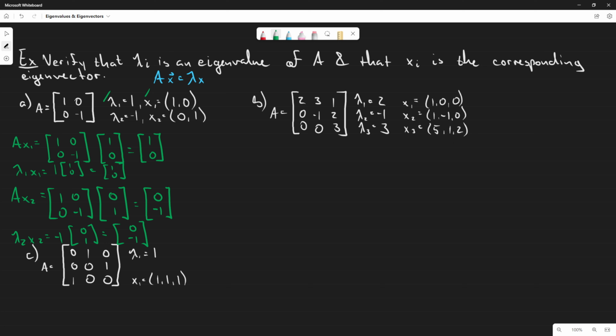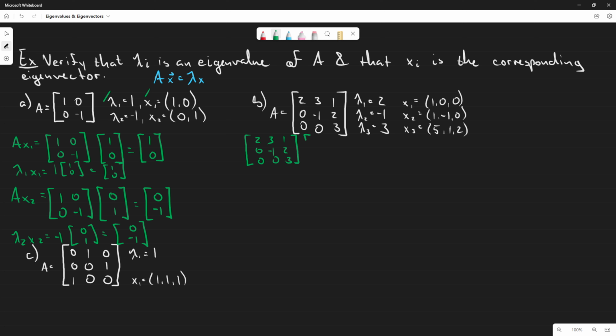Now we're going to move on with part B, which is a 3 by 3, so we have to check all three of them. We are given the first one, being [2, 0, 0], which I'm just copying from A, [3, 1, 2, 3].